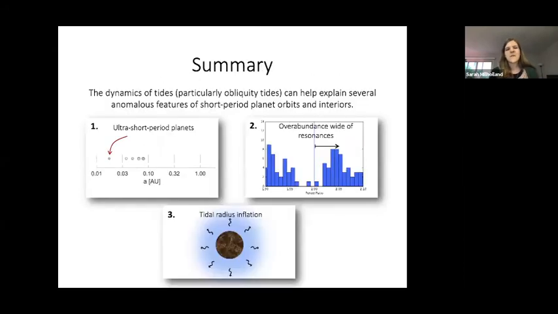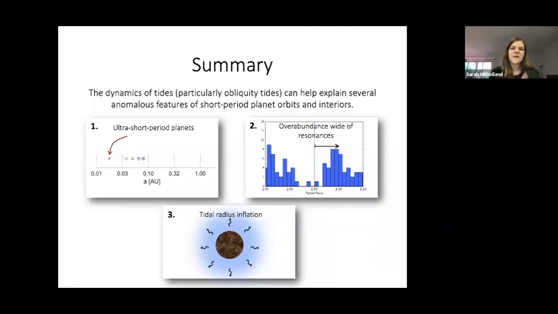So just to sum up here, these close-in planetary systems are full of really interesting structure, but also some interesting anomalies. And the dynamics of tides and perhaps obliquity tides could explain several of these features, such as the effects of ultra-short period planets and pileups wide of resonance, but also affecting the physical properties of the planets through tidal radius inflation.